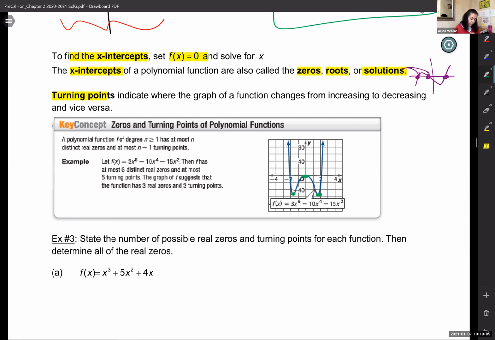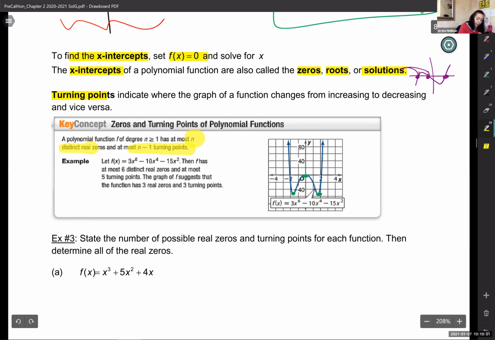It turns out, if you figure out the number of zeros a function has, it will always have that number minus 1 turning points. So if a function has n zeros, it will have n minus 1 turning points. And how do we figure that out?